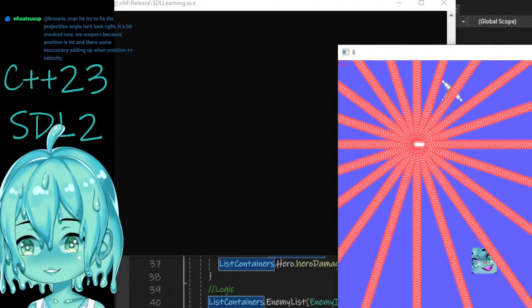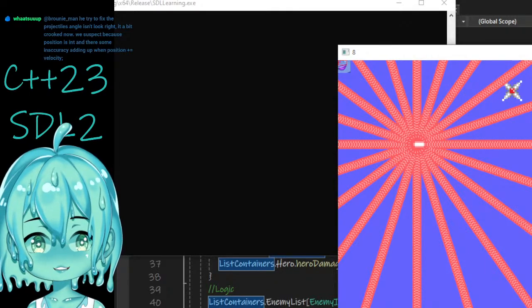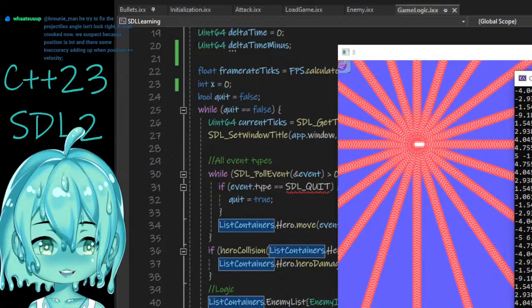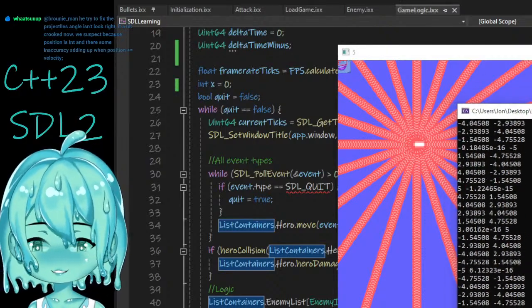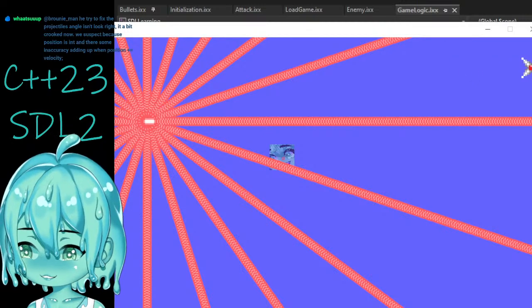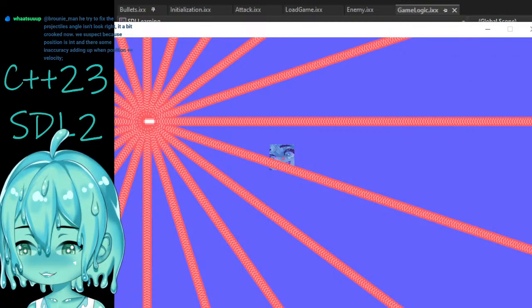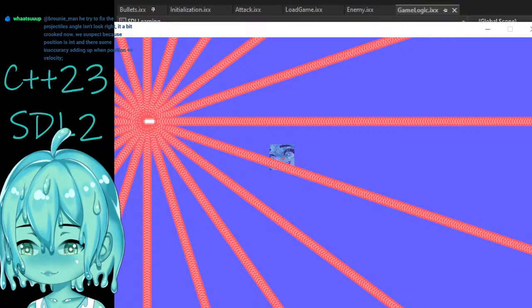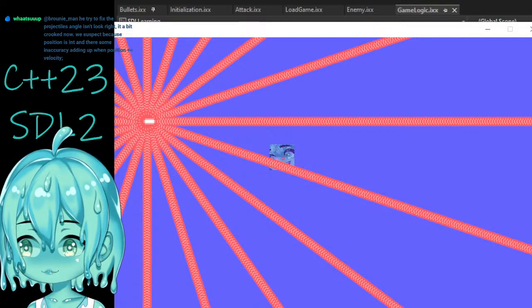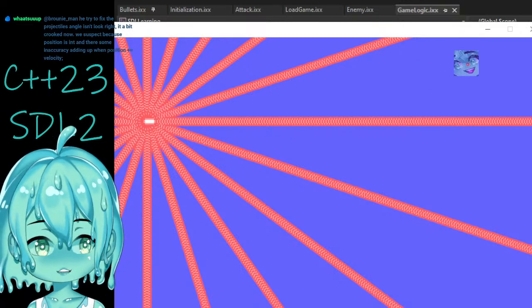Okay, that's beautiful. That is the most beautiful thing I've ever seen in my life. Oh, it's so pretty, chat. It's like a flag. No, I think you're right. It was just floating point errors.